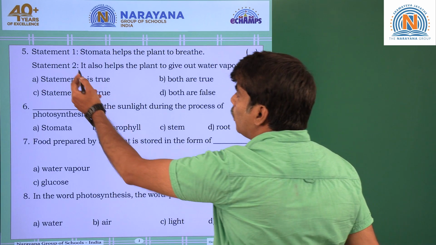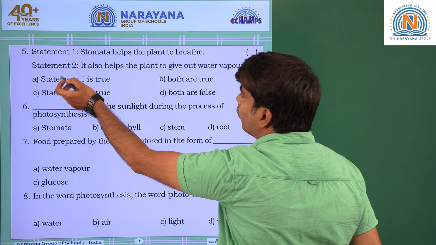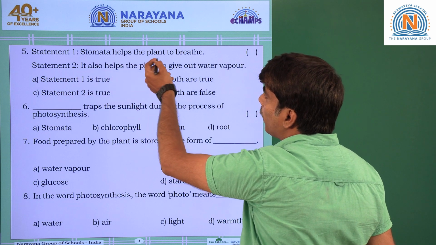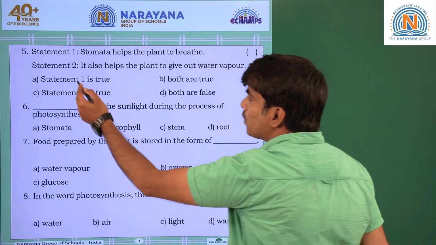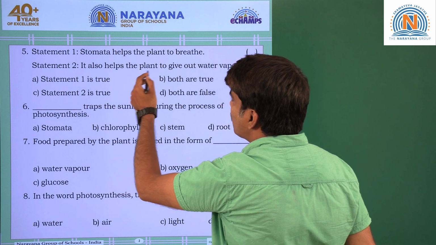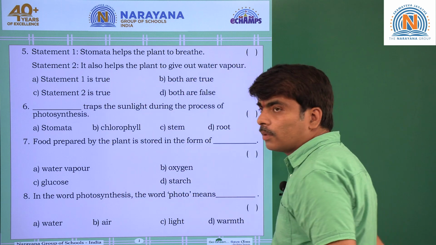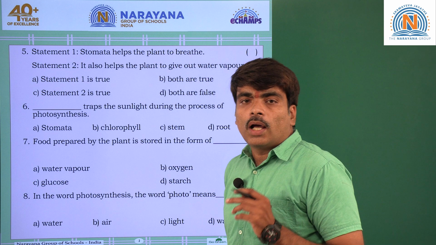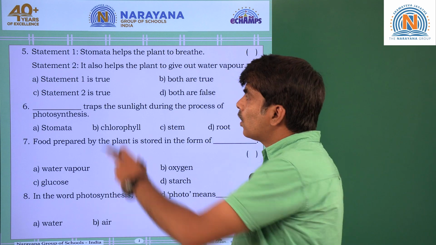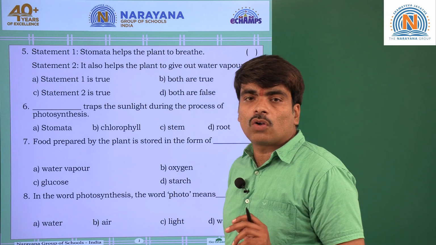Moving on to the next question. Question number 5. You have two statements here. Statement 1: Stomata help the plant to breathe. Statement 2: It also helps the plant to give out water vapor. So these two are referring to the function of stomata.